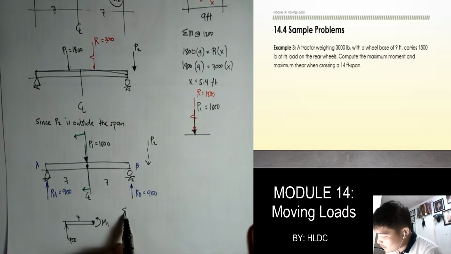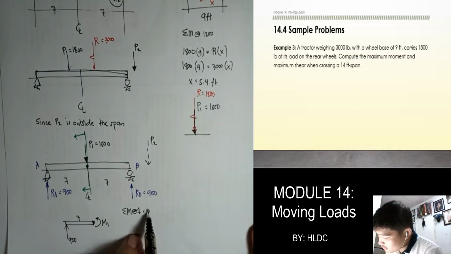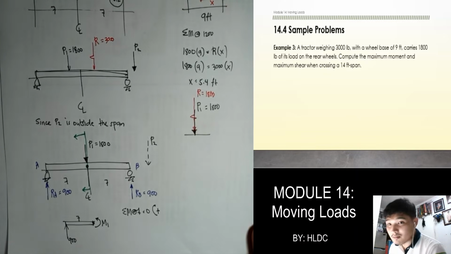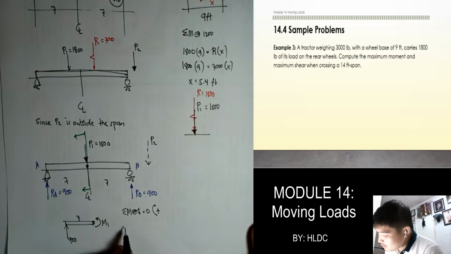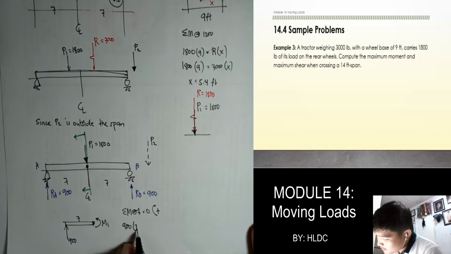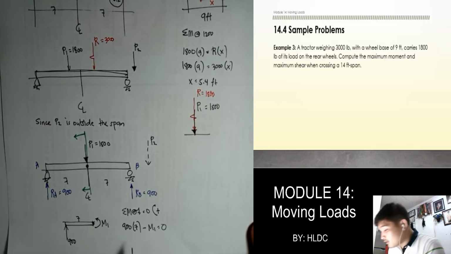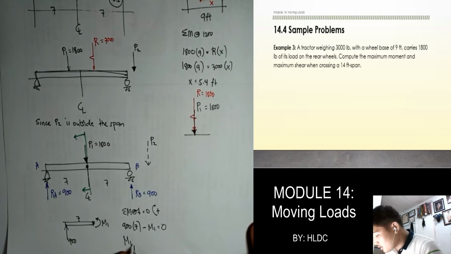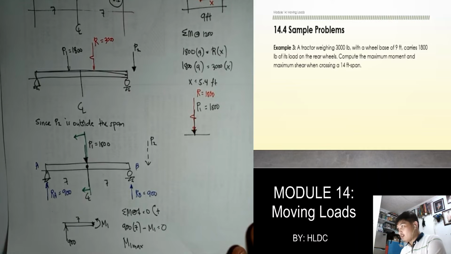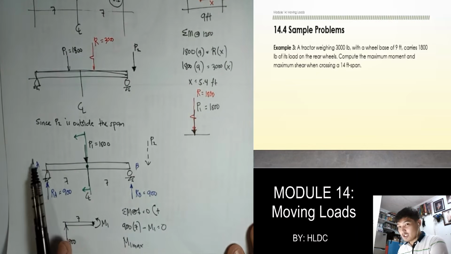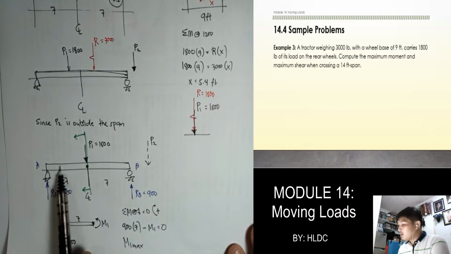So, therefore, by taking summation of moment at 1 is equal to 0, considering clockwise moments positive: 900 by 7, and then minus yung M1 is equal to 0. So yung M1 na yun ngayon corresponds dun sa maximum possible M1 na mangyari kapag ang load natin is nagta-travel sa beam natin.